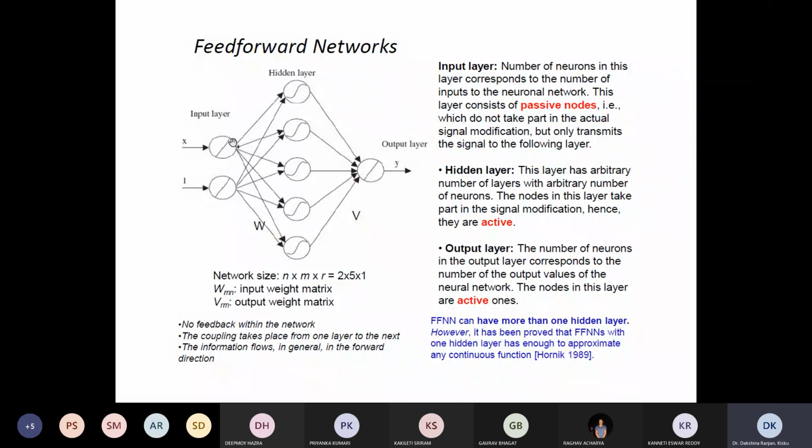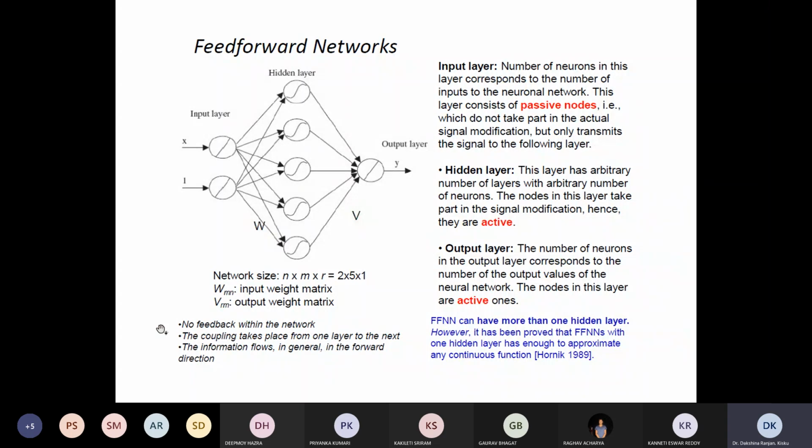So we transmit the input features or the signals to the hidden layer. In this hidden layer we get both the weight WMN and the input features for combining into the aggregation unit.